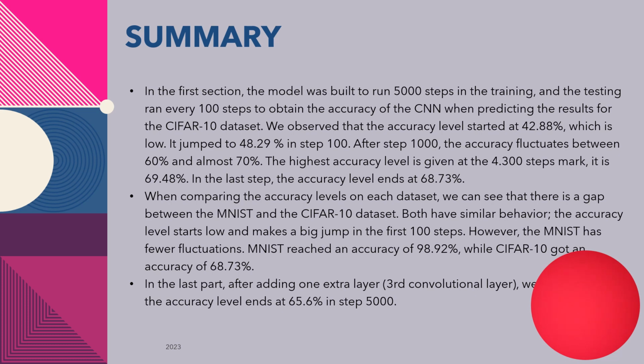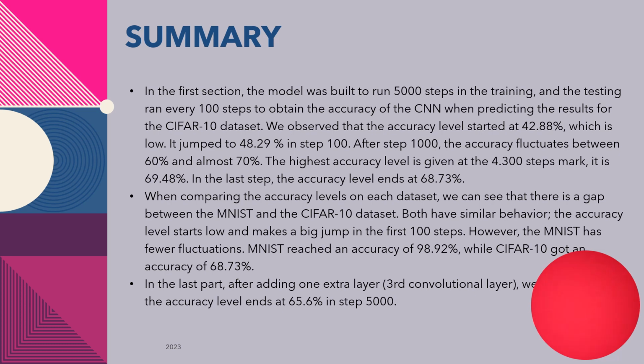In the last part, after adding one extra layer, which was the third convolutional layer, we saw that the accuracy level ended at 65.6% in step 5000, which means that just adding one extra layer doesn't necessarily increase the accuracy level.